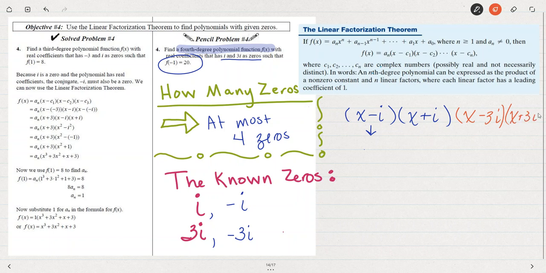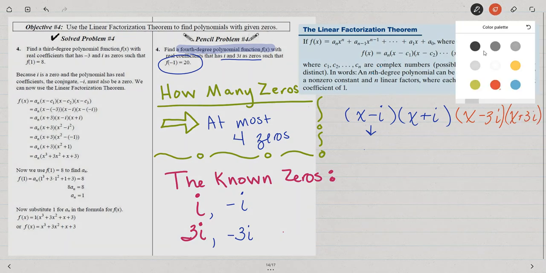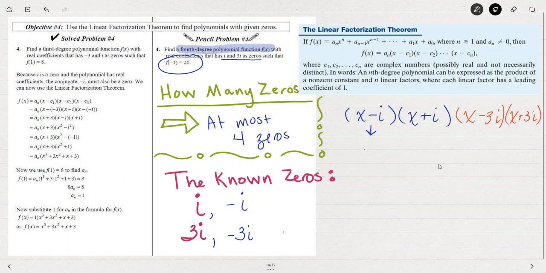Let me make sure you're following where I'm getting those factors, because you might not be as accustomed to working backwards this way. But I was given that i was a 0. If I set x minus i equal to 0, when I solve that for x, I'd get x equals i. If I set x plus i equal to 0, then when I solve for x, I'd get a negative i.